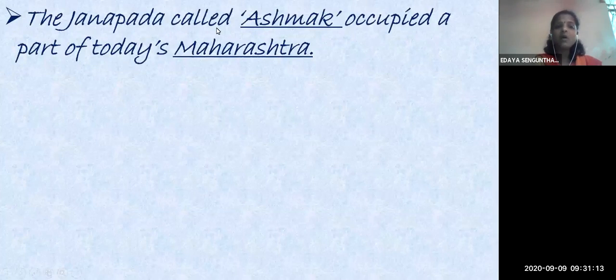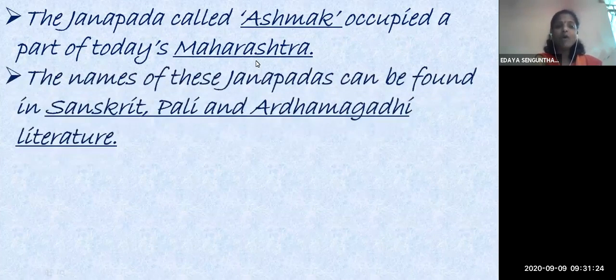Now, the Janapada called Ashmak occupied a part of today's Maharashtra. Just now one student answered that Ashmak is placed in today's Maharashtra. Next, the names of these Mahajanapadas can be found in Sanskrit, Pali and Ardha-Magadhi literature. Recollecting the previous lesson on sources of history, we learned about written sources, oral sources and material sources.